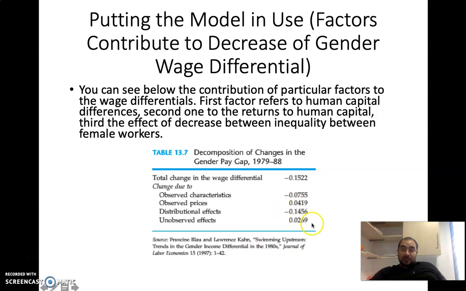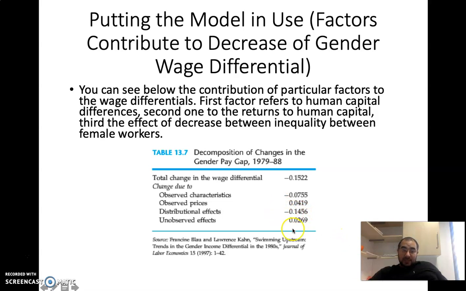Distributional characteristics are also effective in the decrease, which means the wage distribution was in a way that increased the gap, probably because it was more evenly distributed in the case of women, but in the case of men, there are more men in the high positions. Now women also have high positions, which decreases the wage gap.